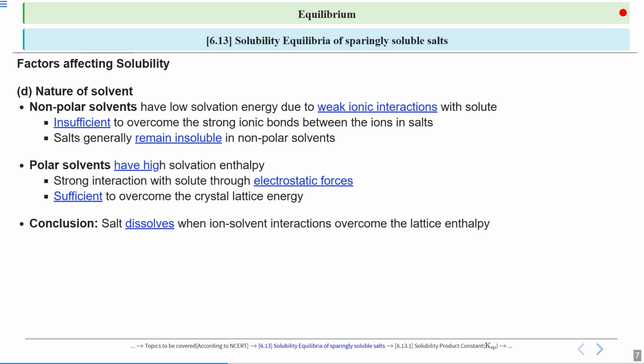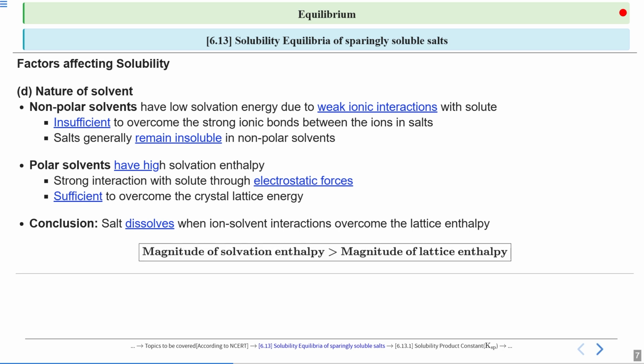That salt dissolves in a solvent when the ion-solvent interaction overcomes the lattice enthalpy, right? When your ion-solvent interaction overcomes the lattice enthalpy, we can see a complete dissolution of the salt. This is seen better in polar solvents and poorly in non-polar solvents.